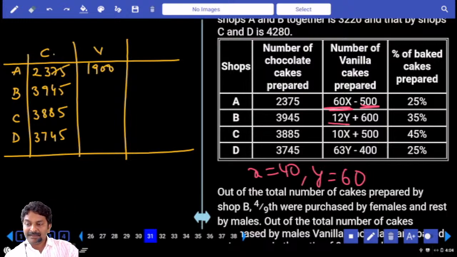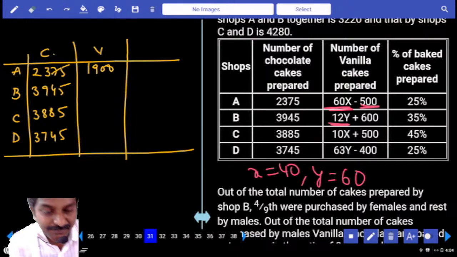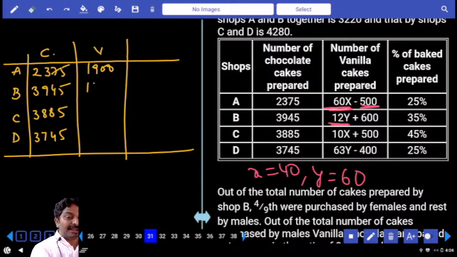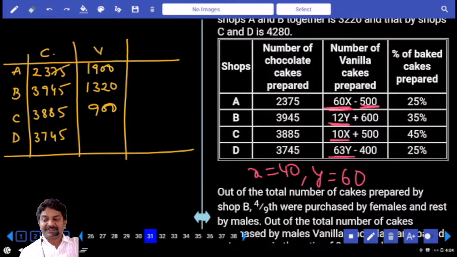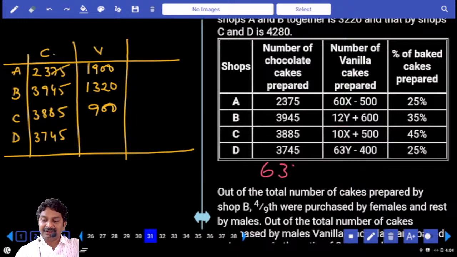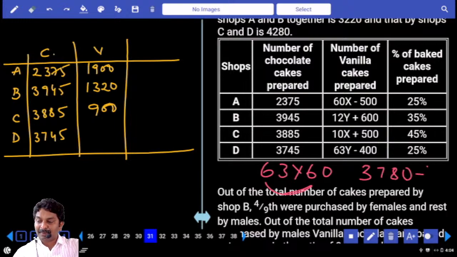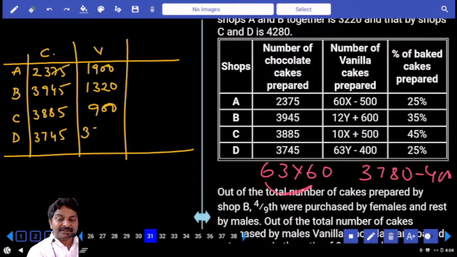Following, 12 into 60, 720 plus 600, 1320. 10x, 400 plus 500, 900. 63y, 63 into 60, 3780. 3780 minus 400, 3380. These are all vanilla.